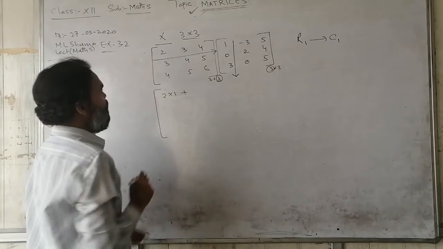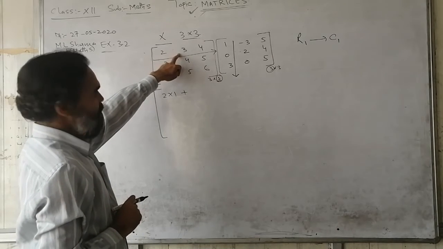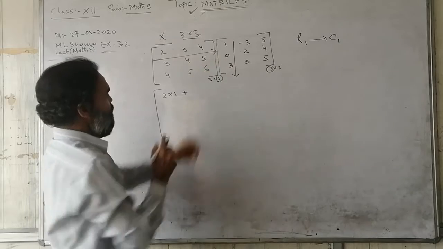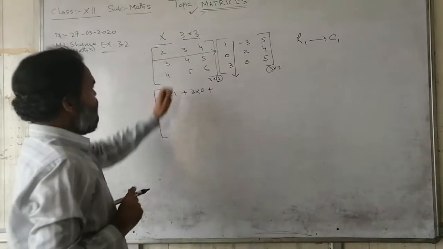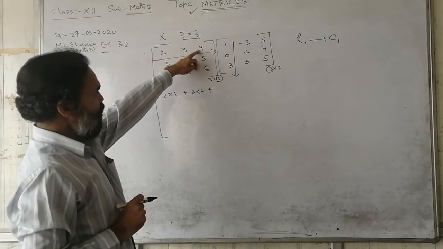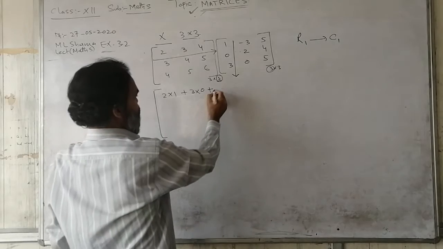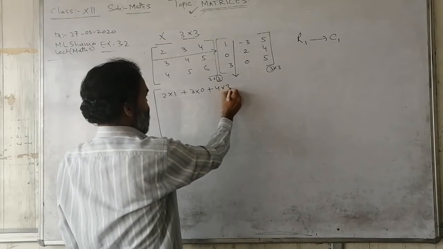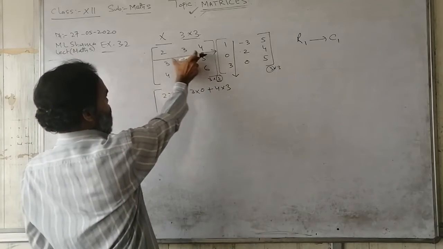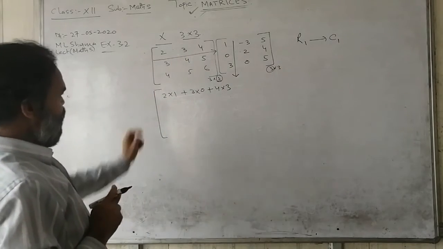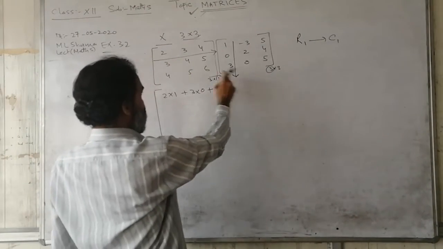Then plus the second element of the same row multiplied by this element, so 3 into 0. Then plus the third element of the same row, R1, multiplied by this 3.